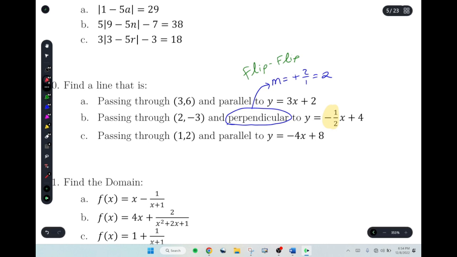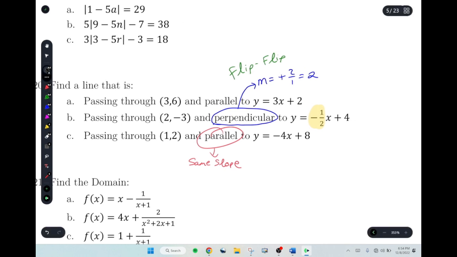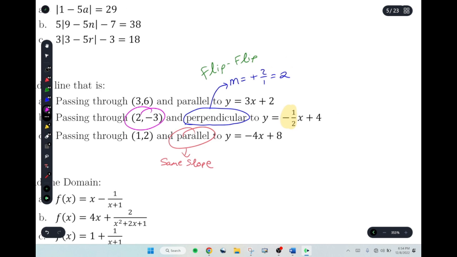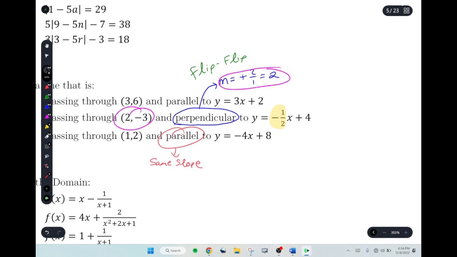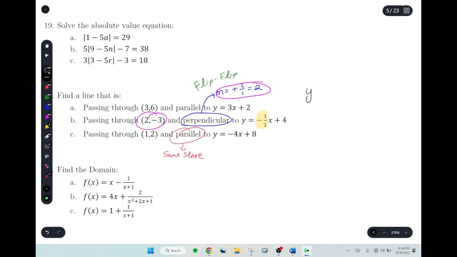Parallel, while we're here, means what? Same, right? Same slope, same sign. Same exact thing, don't change anything. So then, if we've got a line that passes through this point, and this is our slope, then it becomes just like that last problem we did, where we go y minus negative 3 equals 2 times x minus 2.